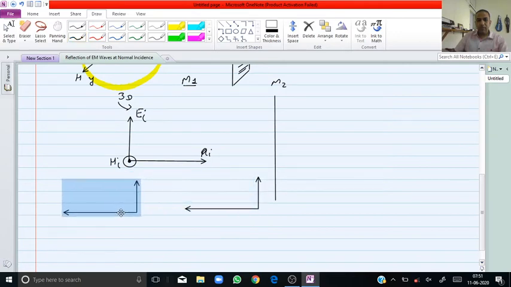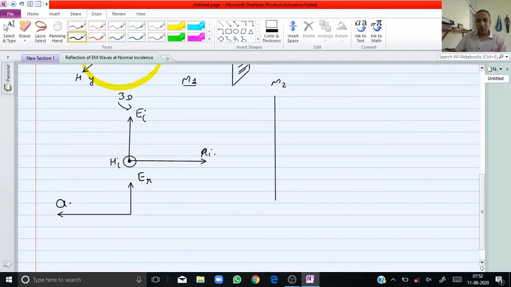Okay, it means here the direction of E will remain the same, but the direction of propagation of the reflected wave is changed.